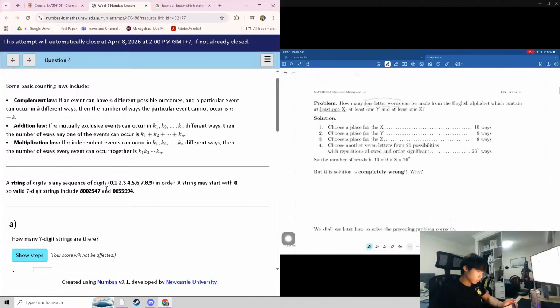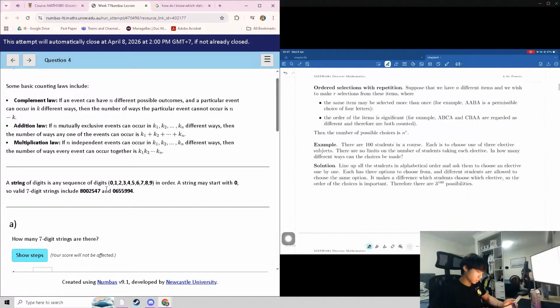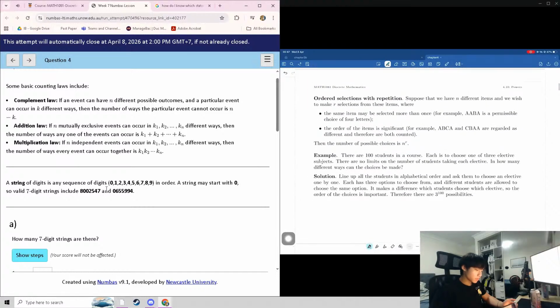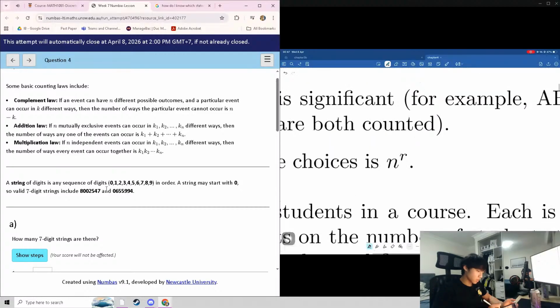We want ordered with repetition. Here, suppose that we have n different items and we wish to make our selections from these items. The same item may be selected more than once, and the order is significant. We're at the right spot. Then the number of possible choices is n to the r.